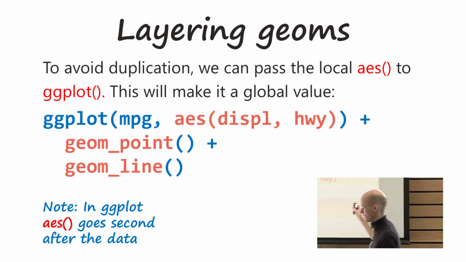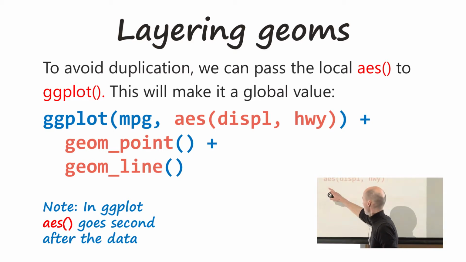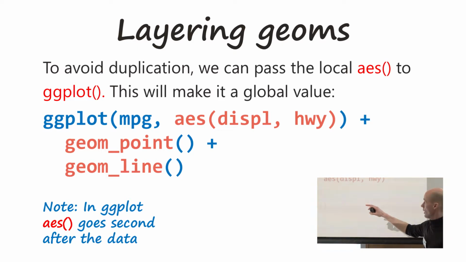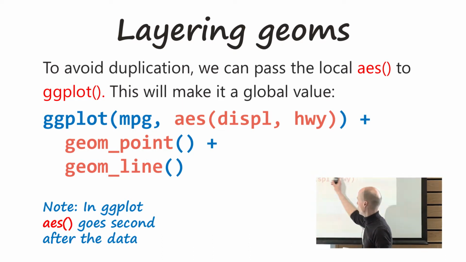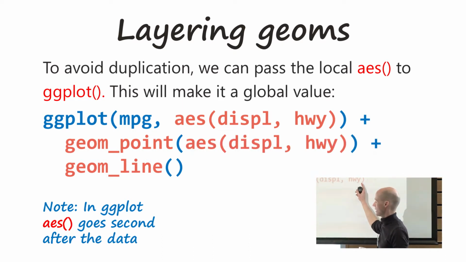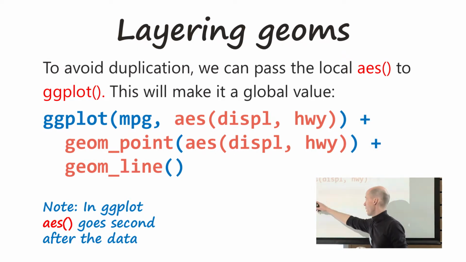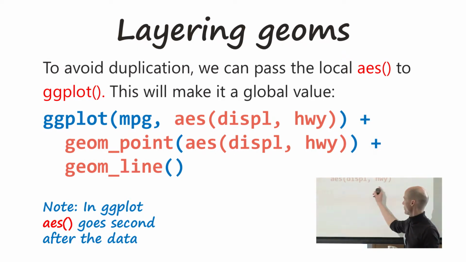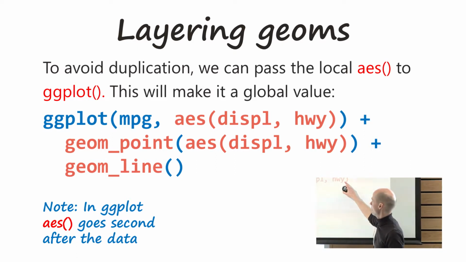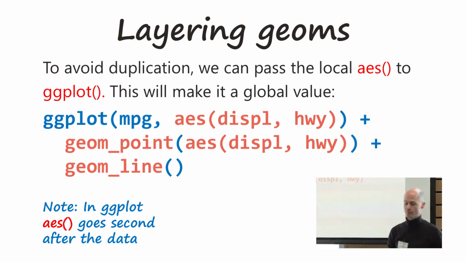Notice that when you're moving the aesthetics to the ggplot command, it comes second after the data. If you were then to put an aesthetic in a geom point or a geom line command, it would overwrite the global value for that particular geom.